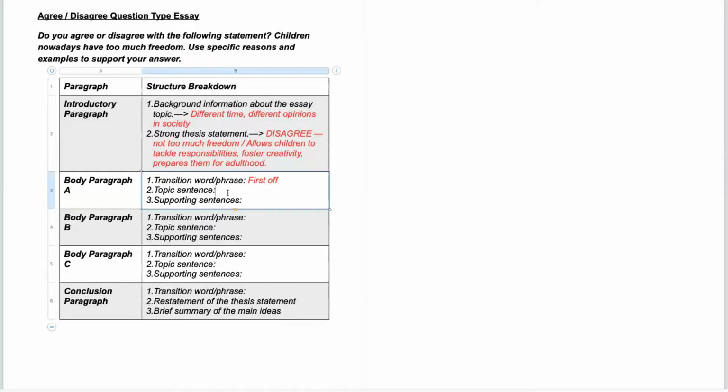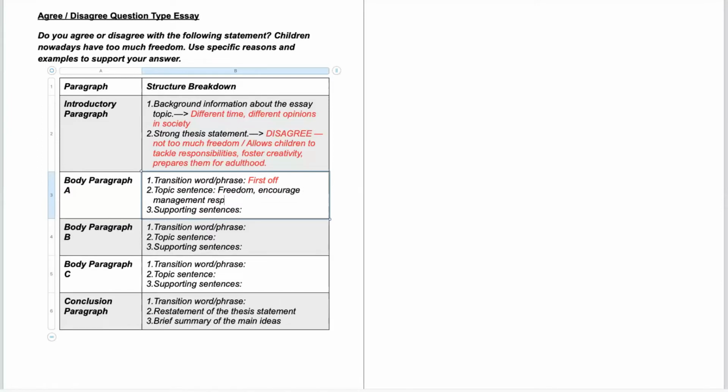And so my topic sentence here is really just going to be about how freedom can help encourage the management of responsibilities. And you see I'm just abbreviating here just to make it quick and easier on myself. Now, my supporting sentences are going to be examples and explanations about how freedom can actually do this, because remember, I have to support my argument.